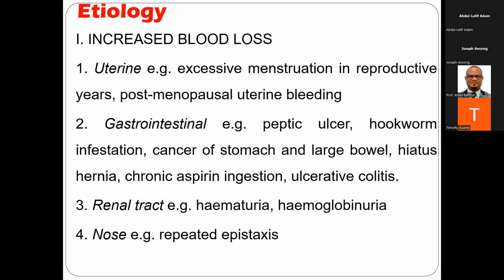There are people who even bleed in the urine. Some of these people may lack platelets, or not, but you are losing blood. Through the respiratory system, when we cough out blood, we are also losing iron.